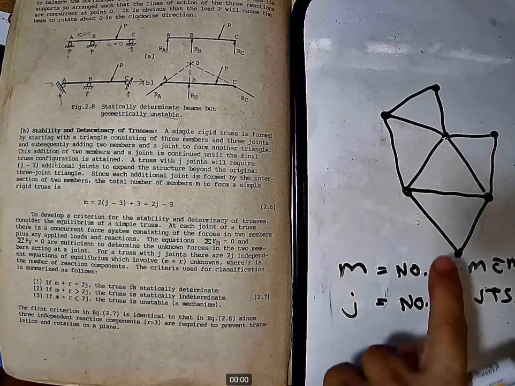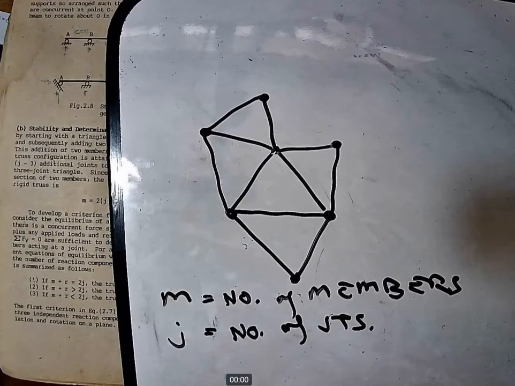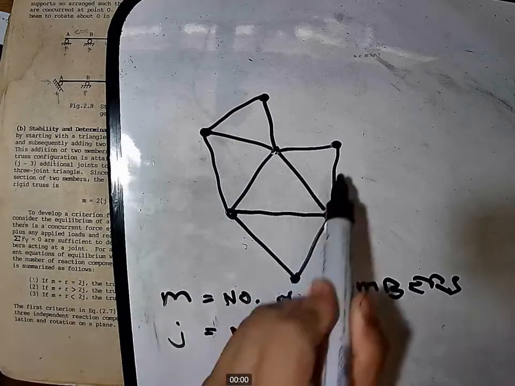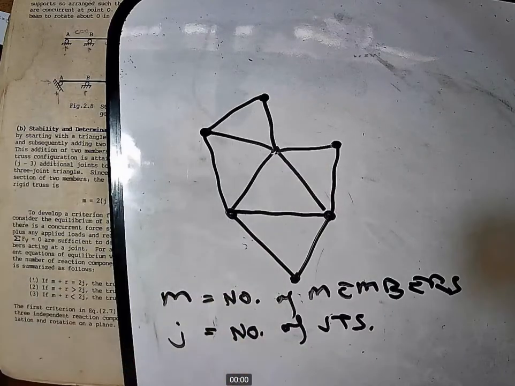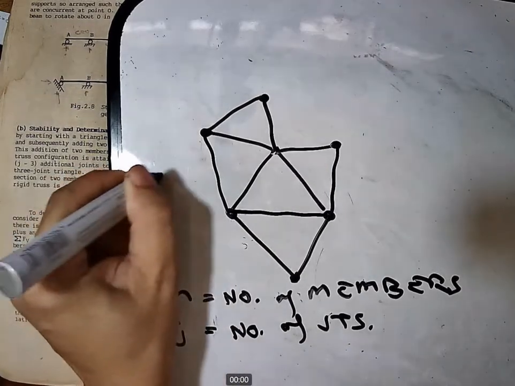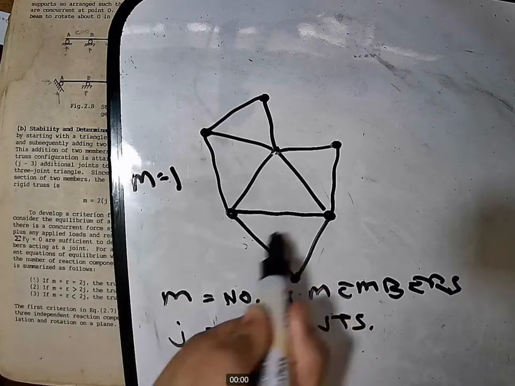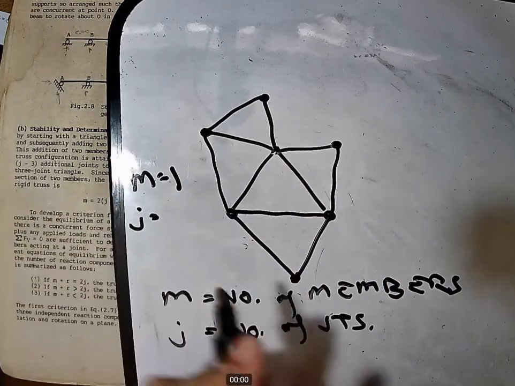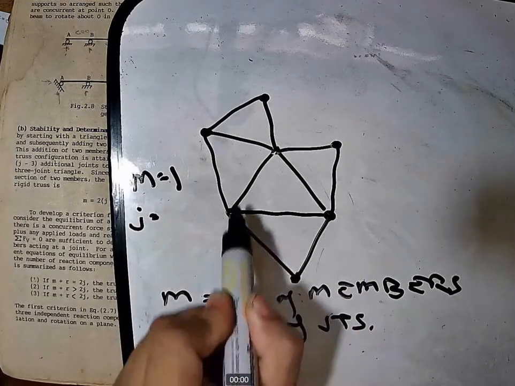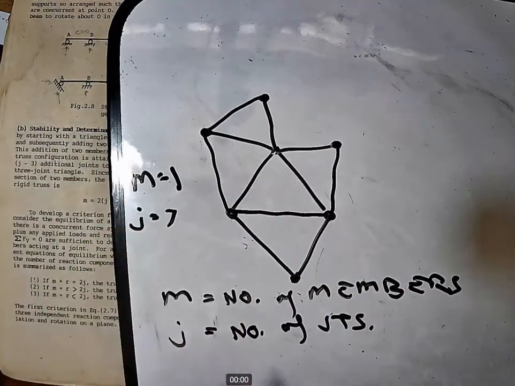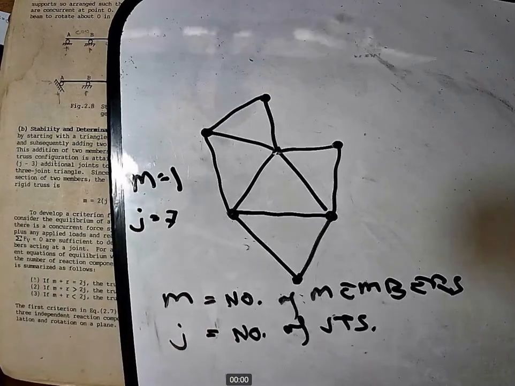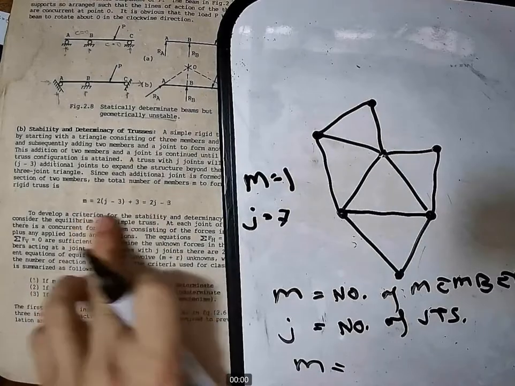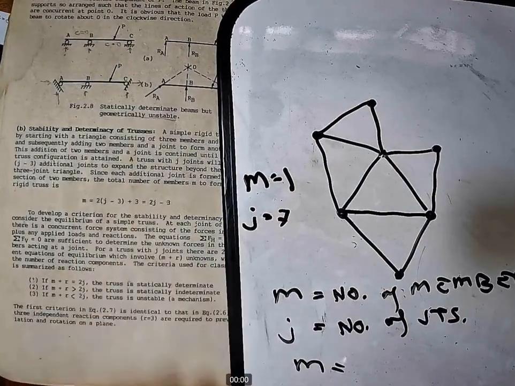Now let's look at our example. Okay, M number of members, J number of joints. How many members? 1, 2, 3, 4, 5, 6, 7, 8, 9, 10, 11. So M is 11, okay? How many joints? 1, 2, 3, 4, 5, 6, 7. Now let's look at the said equation. M, according to this equation, M is equal to 2J minus 3.